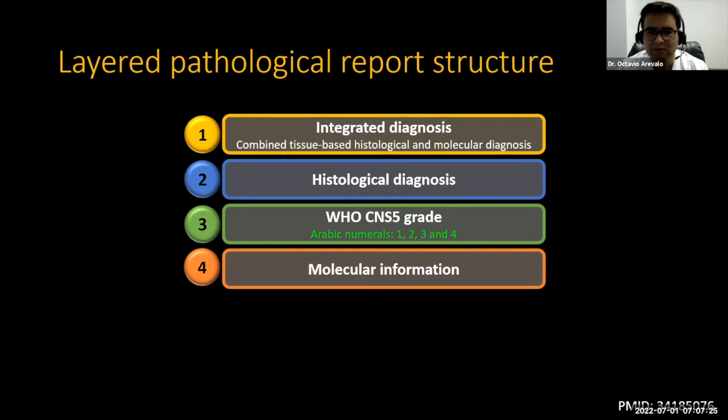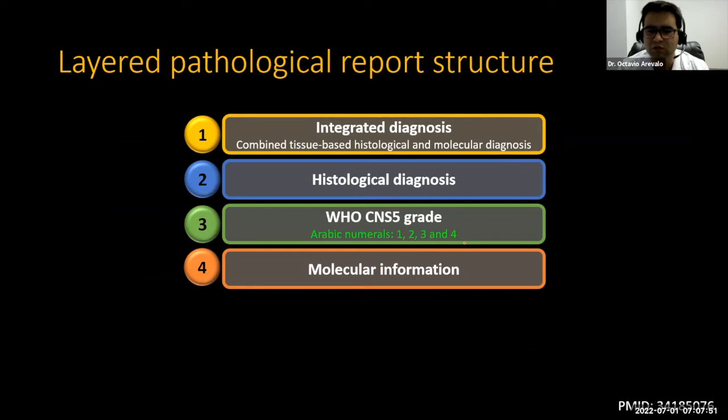And the integrated means combined tissue-based histological features and molecular features. So this is the integrated diagnosis. The second layer is the histological diagnosis. And the third layer is the grade. And I want to bring your attention to this because the new classification proposed these Arabic numerals instead of the Roman numerals for the brain tumor classification.